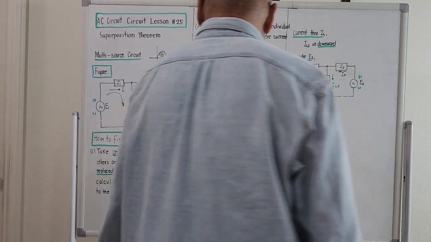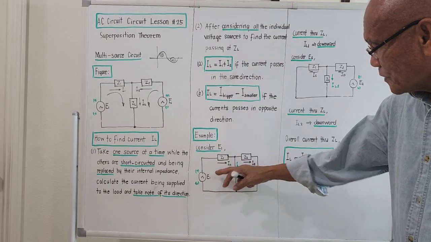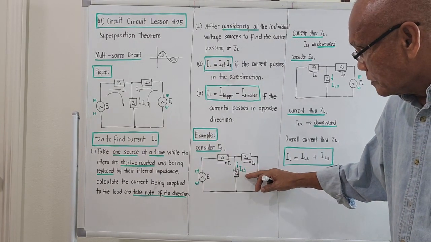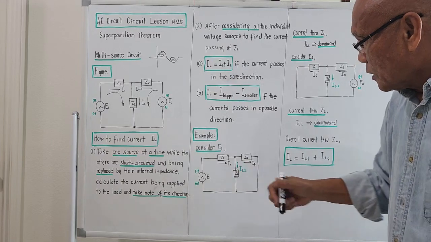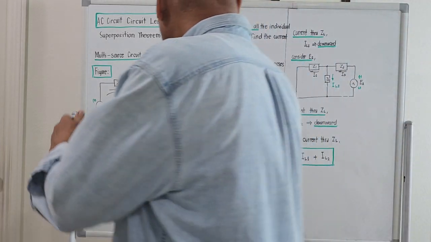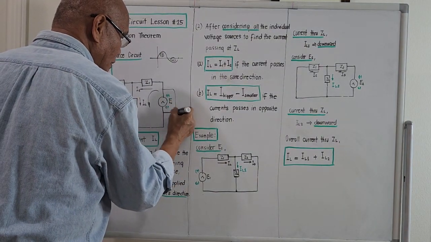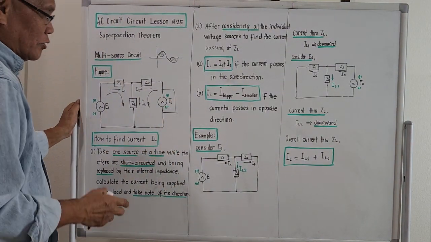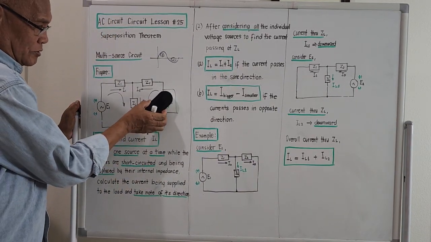Meaning to say, if we try to take the current passing through load CL, same figure, due to E1, we will try to short out source number 2. So if we short out source number 2, it seems there is no more source number 2.